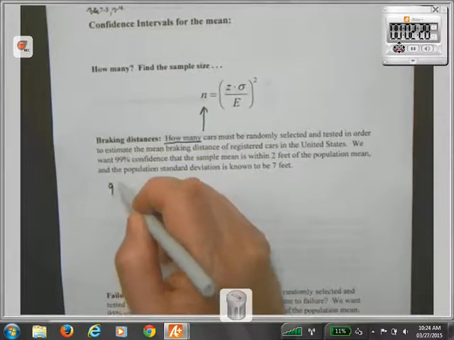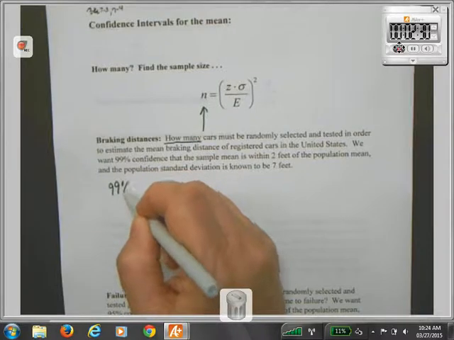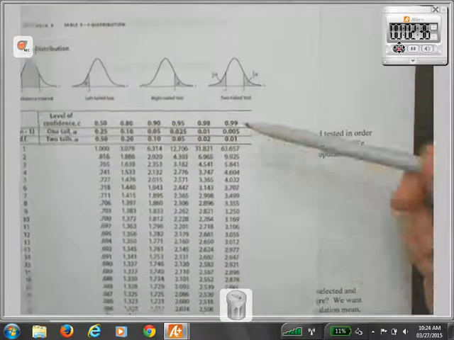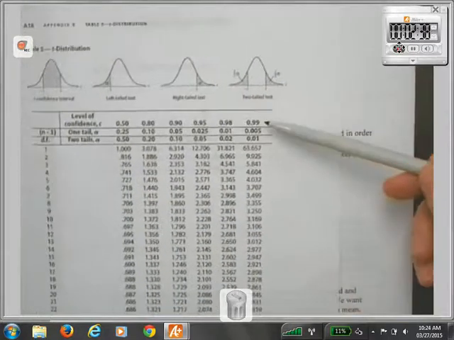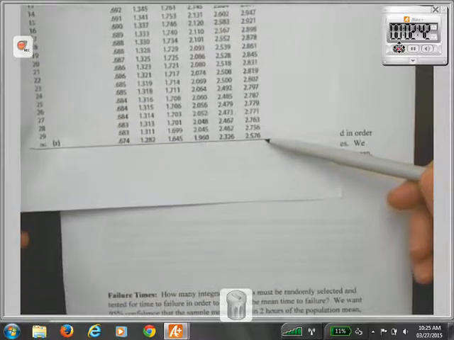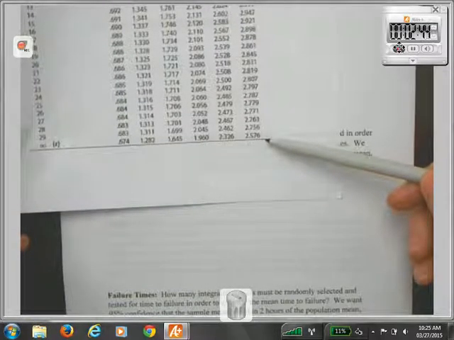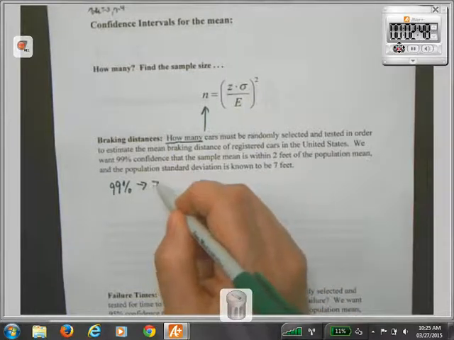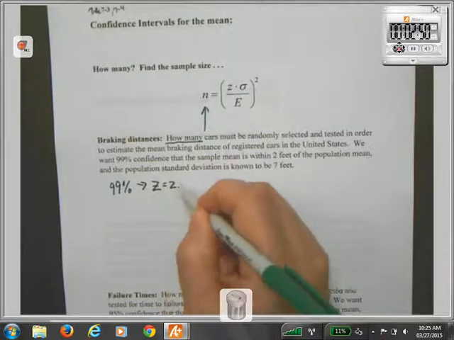So 99% confidence level, we'll go to the table, and at the top we have our confidence level, C, 99%, then all the way down to the bottom. 2.576 then is the Z that we need for 99%. So Z is going to equal 2.576.